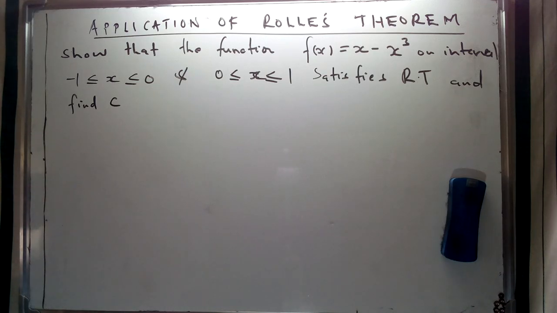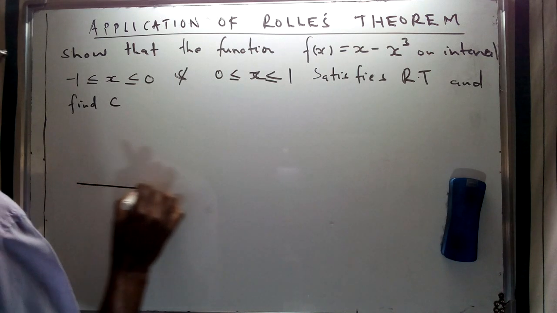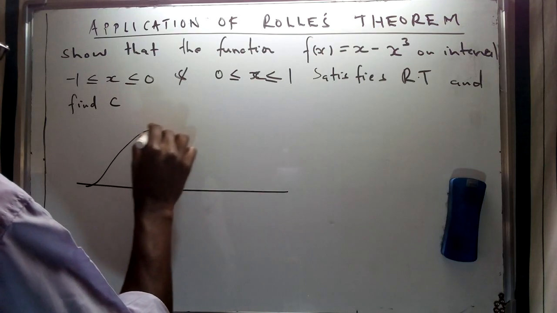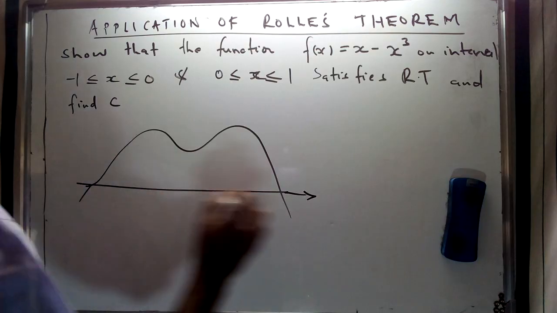In this case, I'm going to use an illustration on the board of a graph. I'm going to have a graph given as such, and this is going to be a stretch of the x-axis.